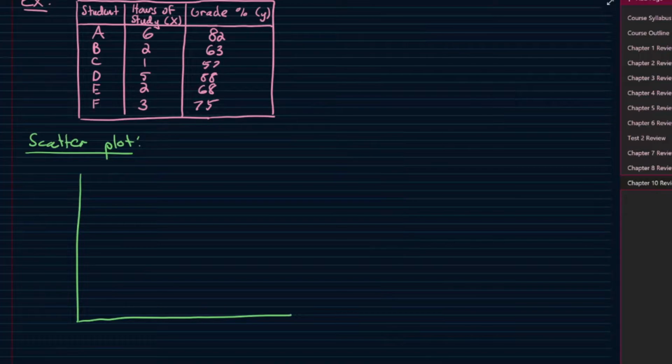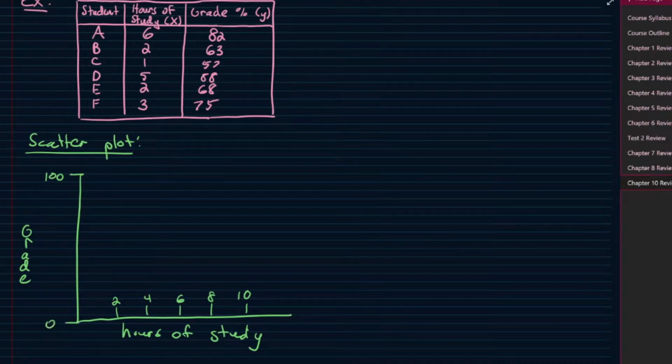So this one would be hours of study, and I'll put here 2, 4, 6, 8, 10. And on the left side, I'll put the grade, which is 0 to 100. So I'll put 100 all the way up here, 0 here, this will be 50, 75, 25. It doesn't need to be exact.